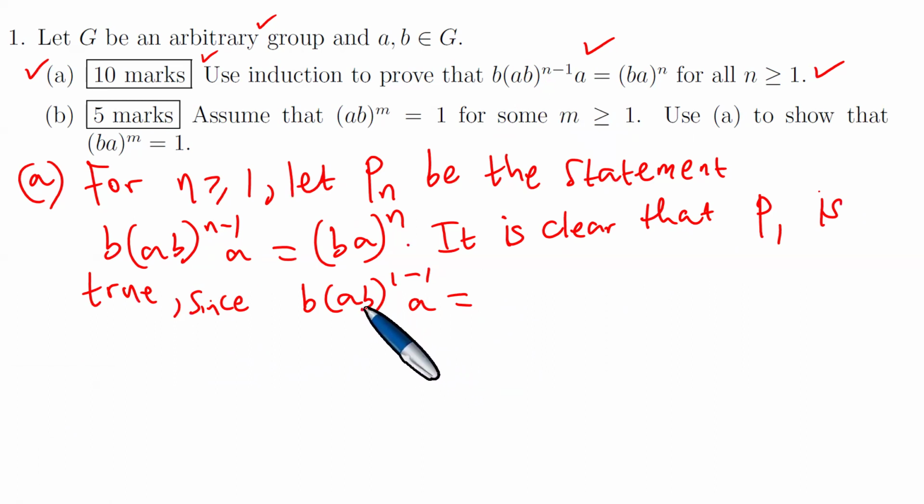If you have (AB) to the power 1 minus 1, at the end it becomes B(AB) to the 0th power A, like this.